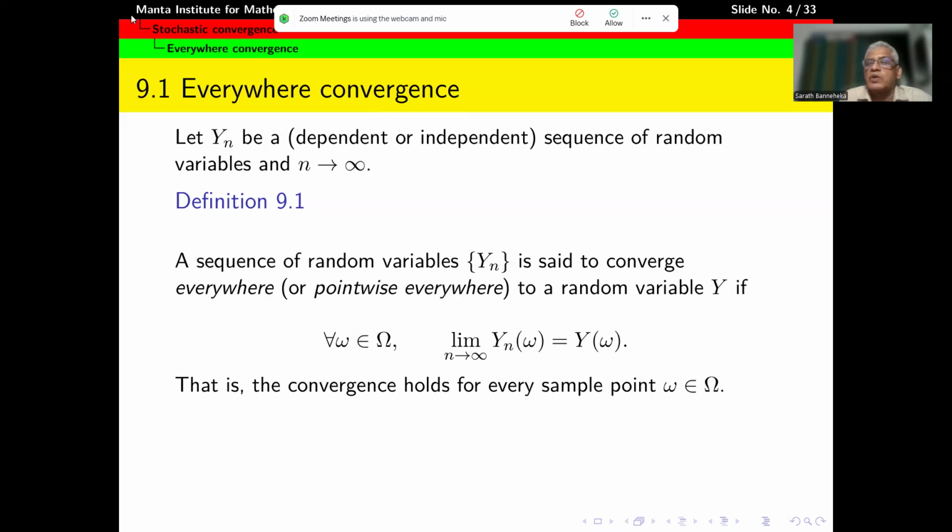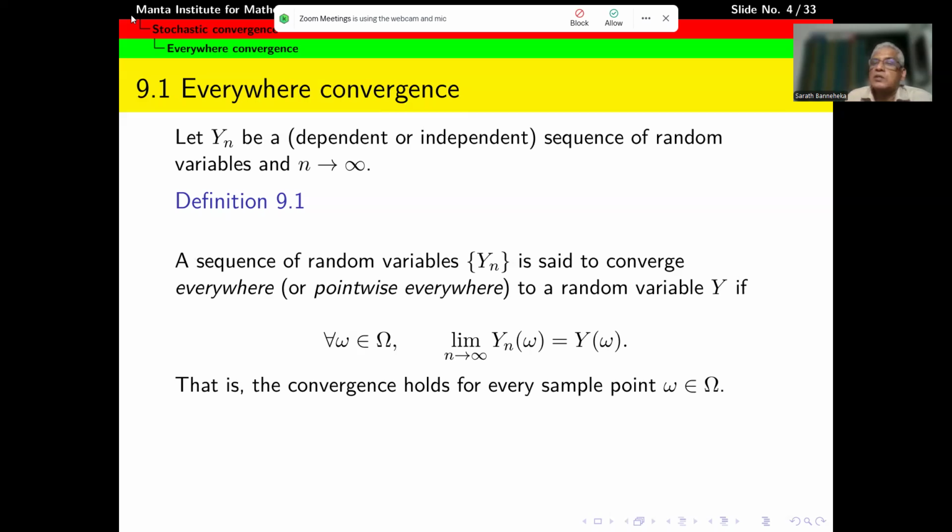Those Y1, Y2, Y3, and so on can be independent quantities. For example, if you are considering a random sample X1 up to Xn, that will be independent. Otherwise, if each Yi is a function of several X's, then probably the Y's can be dependent, right? But anyway, we are looking at a sequence of random quantities, Y1, Y2, Y3, and so on.